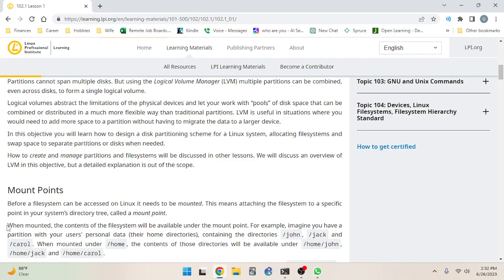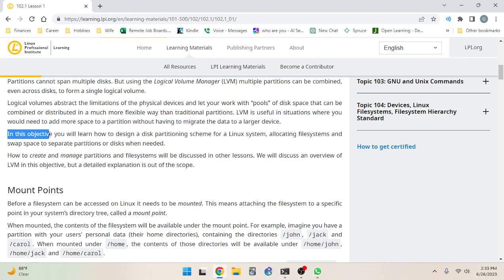let you work with pools of disk space that can be combined or distributed in a much more flexible way than traditional partitions. LVM is used in situations where you would need to add more space to a partition without having to migrate the data to a larger device.